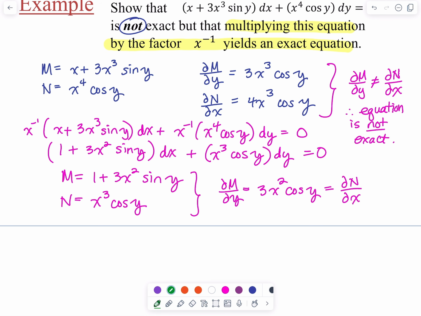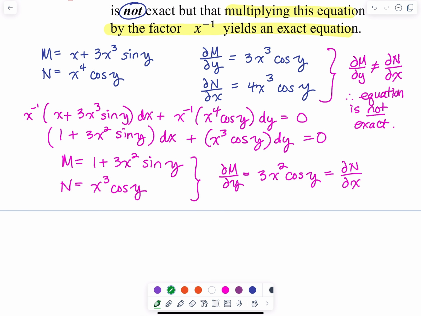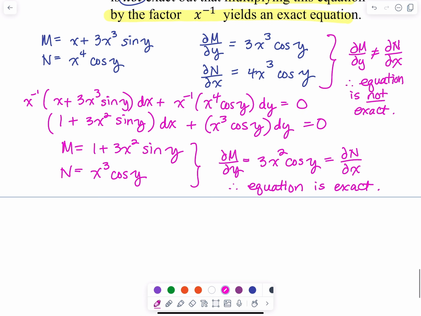Therefore, this equation is exact. So now we'll go ahead and solve this equation.